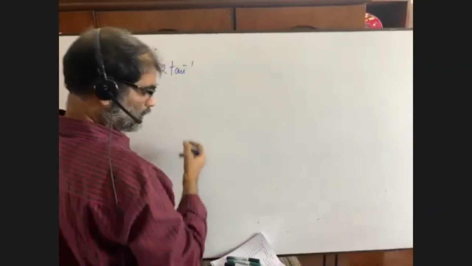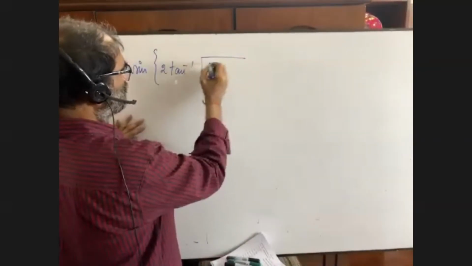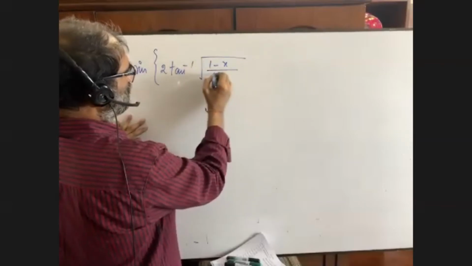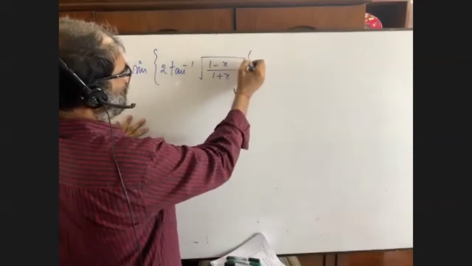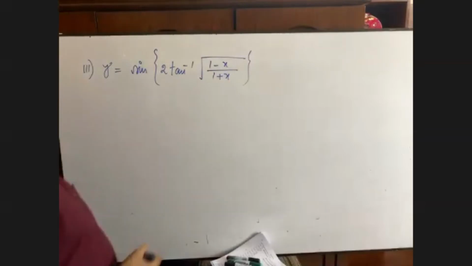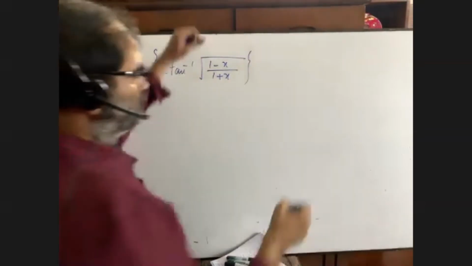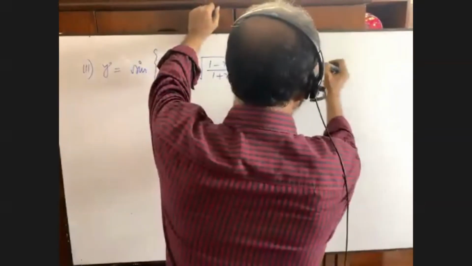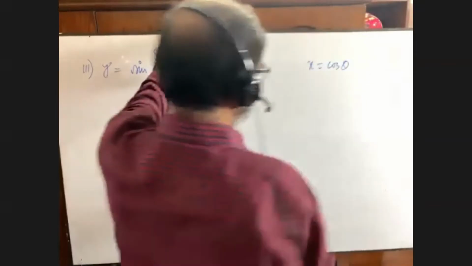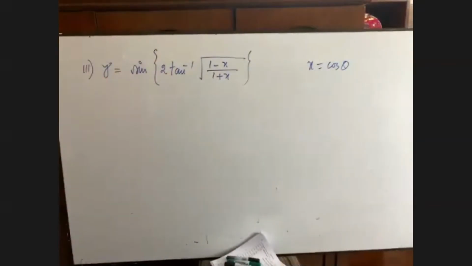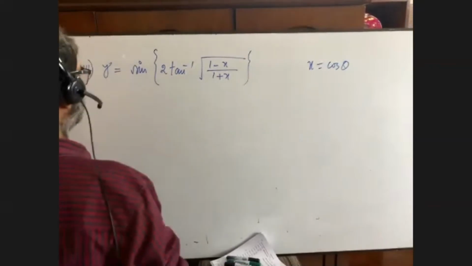Okay, root over 1 minus x. Are you getting me? Yes sir. X equal to cos theta. Okay, do it. Carry on.